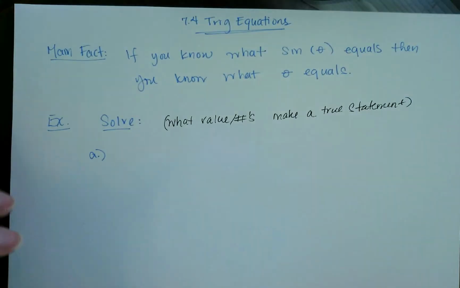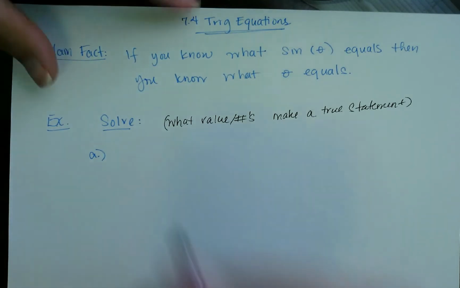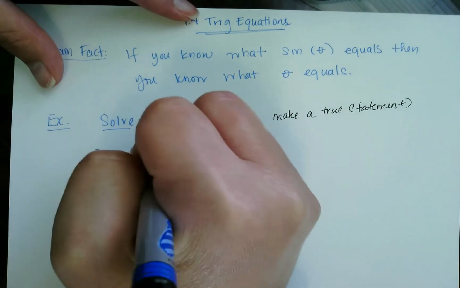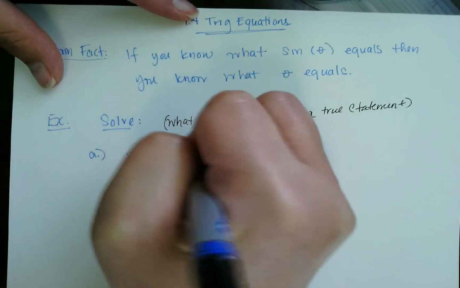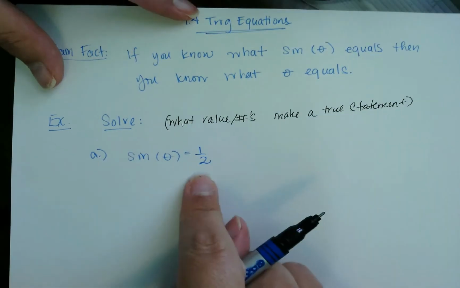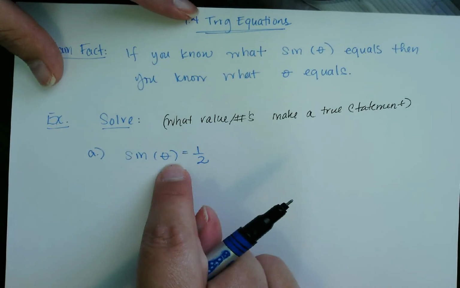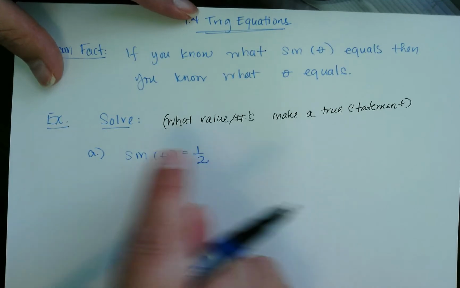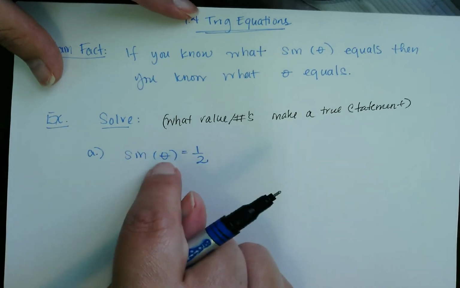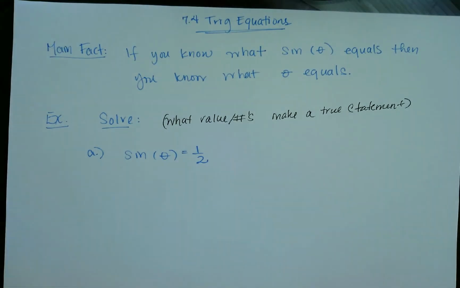Alright, so if I wanted you to solve sine of theta equals 1/2. So this is what the statement is saying. If you know what sine of theta equals, and in this case it's telling you that sine of theta equals 1/2, then you can figure out what theta equals. So we're kind of thinking a little bit backwards here.